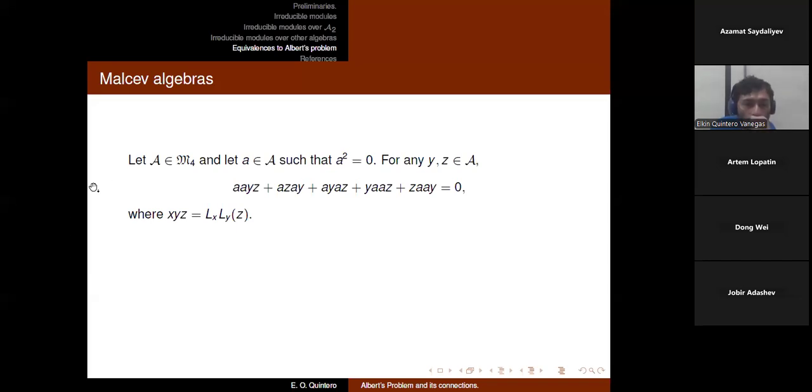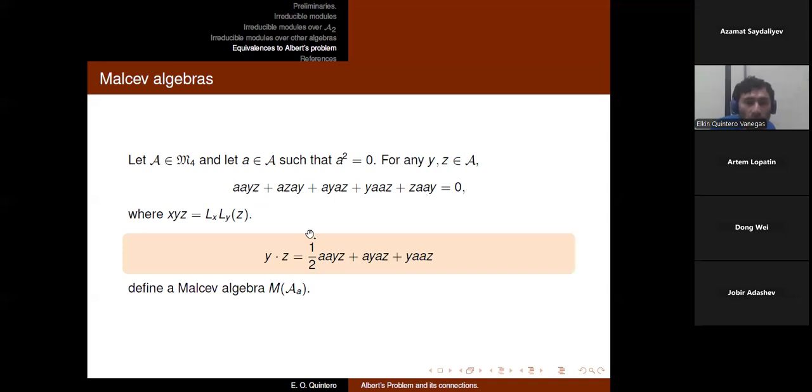If we consider an algebra in the class of commutative power-associative algebras of nil index 4, where 4 means that an element a belonging to A is such that a to the fourth is 0, then for any y and z in the algebra A, we have this equality, where (x, y, z) means the application L_x, L_y applied on z. So this expression is well defined.